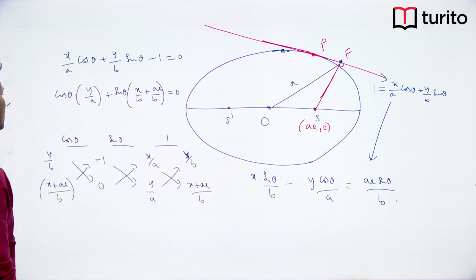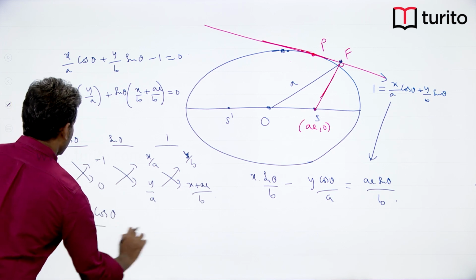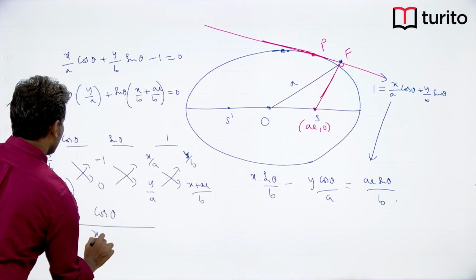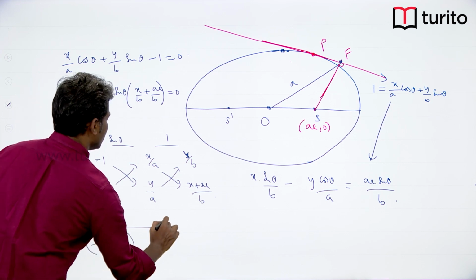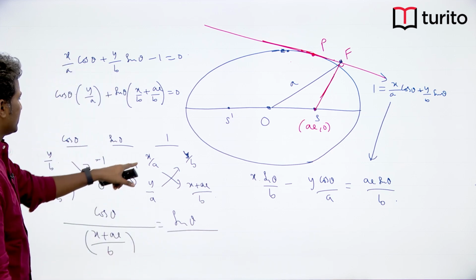So, what do we get here? Cos theta divided by, this is anyways 0, and here we are getting x plus AE by b, is equal to sin theta by, this is anyways 0.